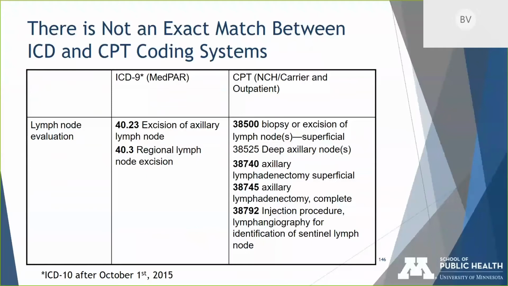Whereas within the physician or the carrier claims as well as the outpatient claims, they bill using the CPT or the current procedural terminology codes, and that does allow you to get a little bit more granularity related to what may have occurred within that lymph node evaluation. So just keep that in mind as you're trying to understand what coding system to use and how you'd like to identify your cancer surgeries.